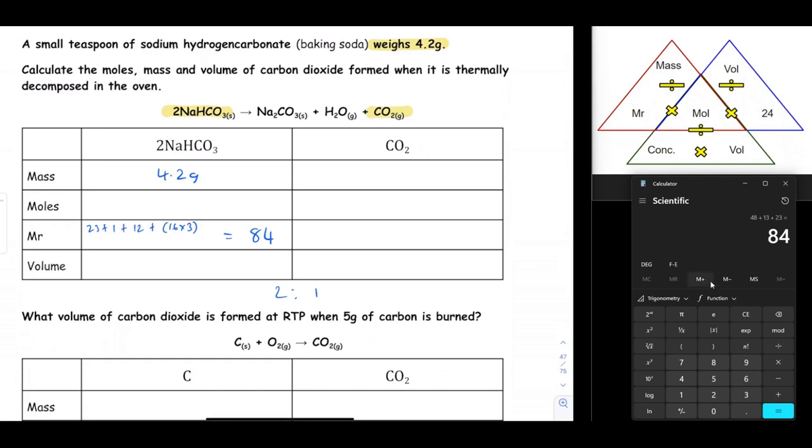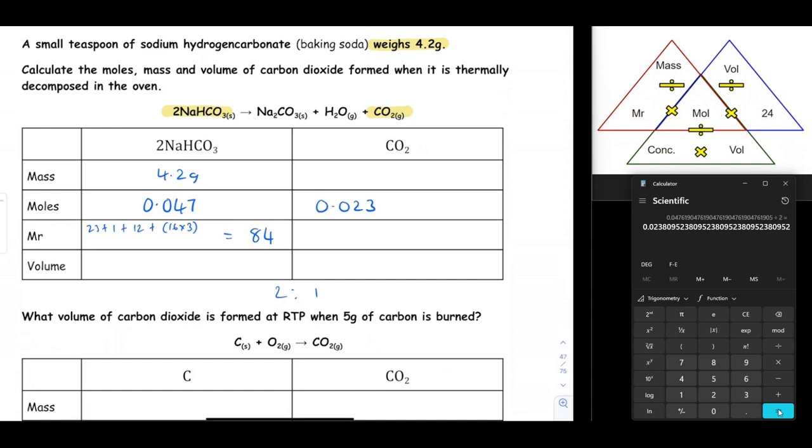So I can do 4.2 divided by 84, and that will give me 0.047. And I've got a 2-to-1 ratio, so I need to divide by 2. That will give me 0.023.